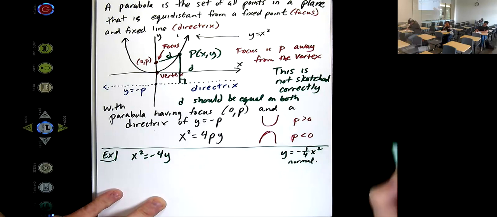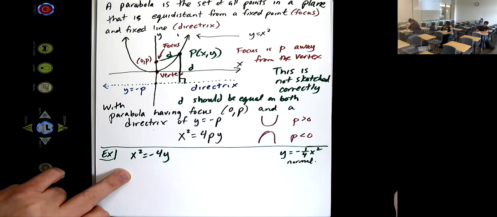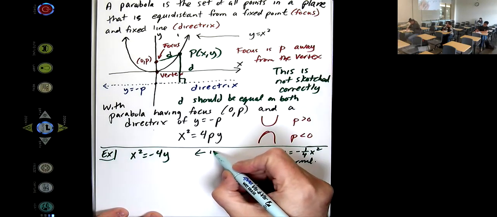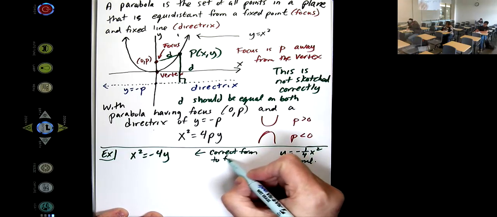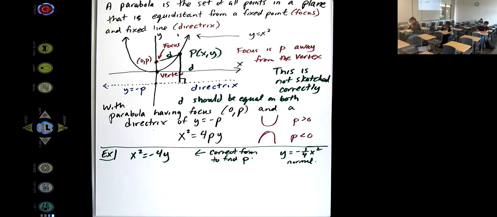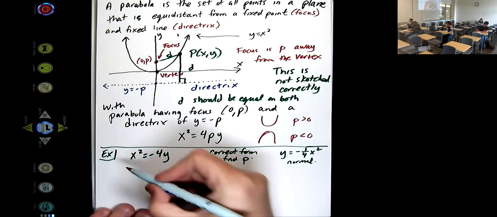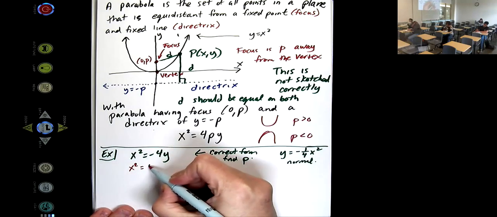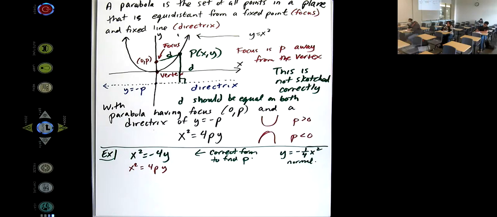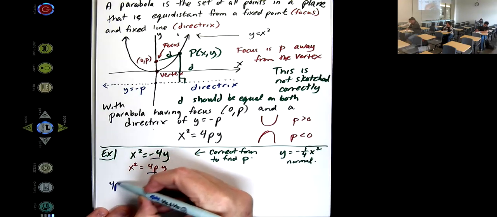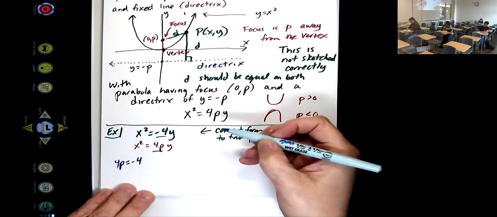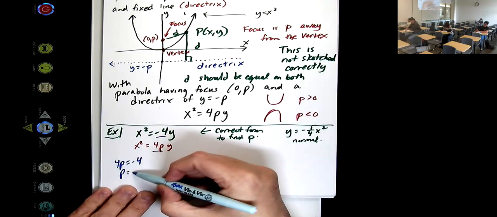To find p, though, this is the way we want it, because I know this now has to match up with x squared equals 4py, which means 4p has to equal negative 4, and it means p equals negative 1.